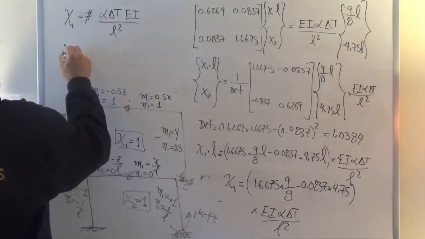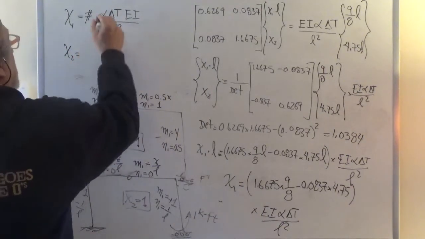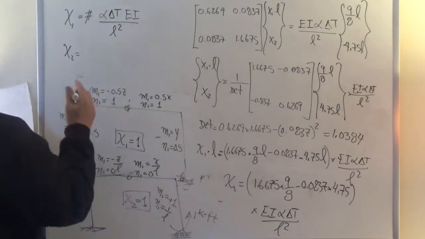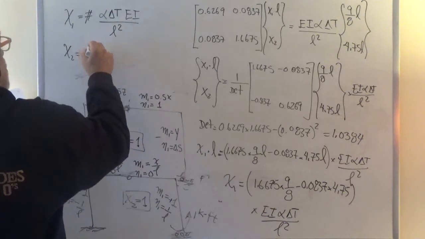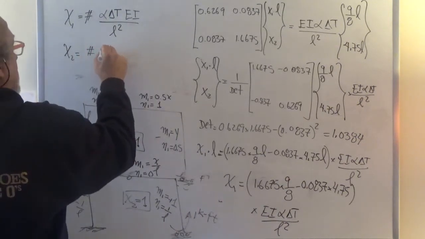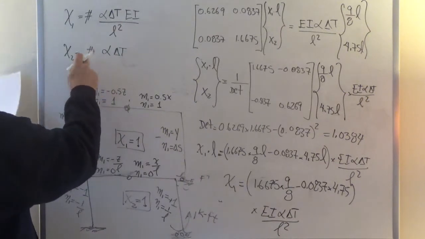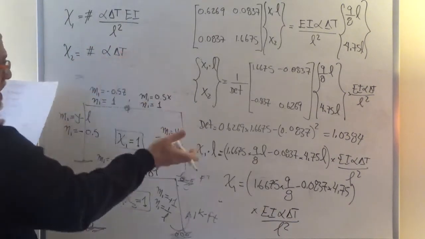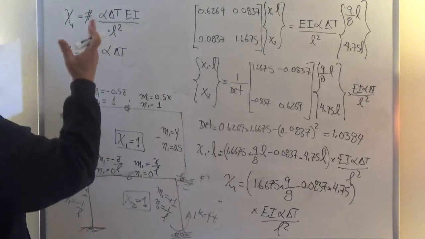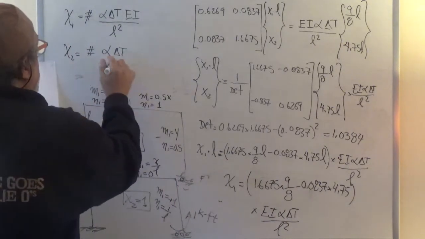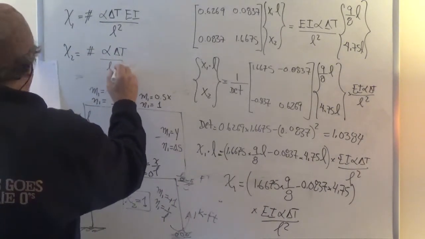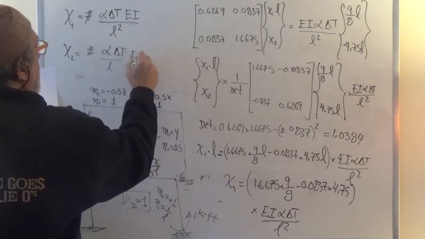And x2 is, this number by the way is close to 1. And x2 is some number times alpha times delta t, and this number is, in my case, 2.8, but I may have an error. I mean, as I said, I have one error, so it might be 2.5 or 3, I don't know. Alpha delta t over L times EI.